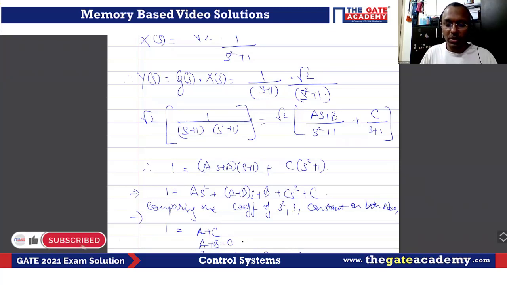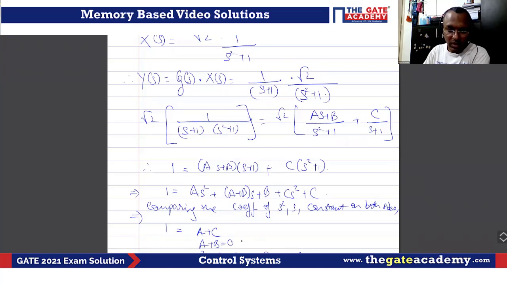So I'm going to substitute this here. B is equal to 1 minus c. If I substitute it here, what I'm going to get? A plus 1 minus c equal to 0, or a minus c is equal to minus 1.